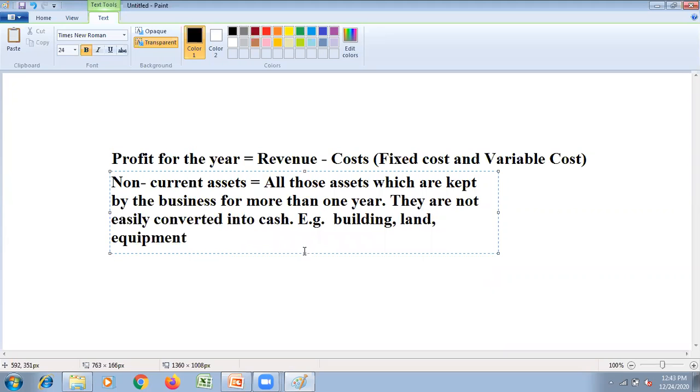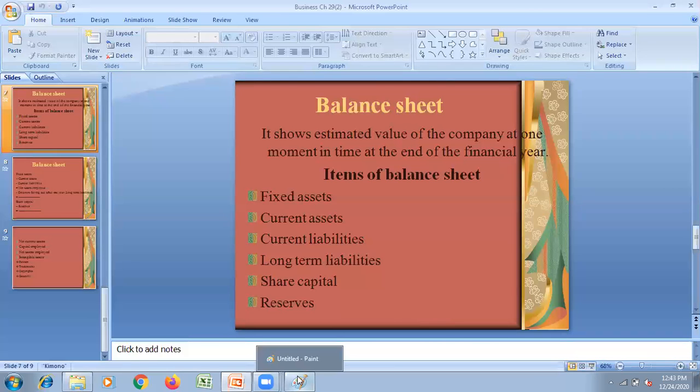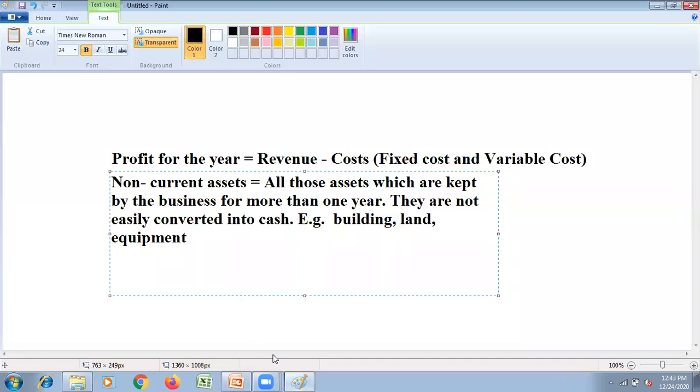All right. So then we move on to the next one. Let's see, that is current assets. Again, now let me define that as well. But in fact, I won't define it because it's exactly opposite of it. Current assets. Okay. So these are all those assets which are kept by the business for less than 1 year.